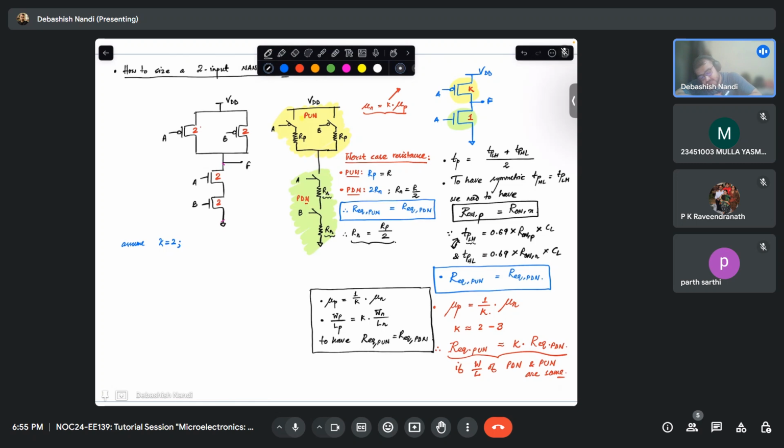Basically, what is happening is that this twice size is giving you the resistance of R by 2, this is giving you the resistance of R by 2, and this is giving you the resistance of R, if you do not take into account this k value. If you take this k value into account also, then it is also giving you R by 2.